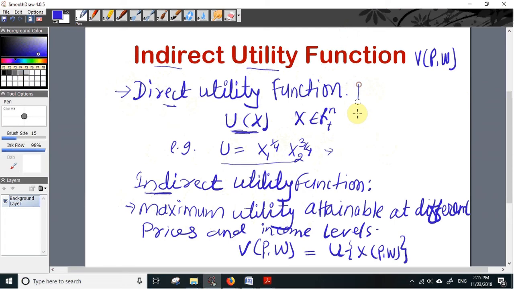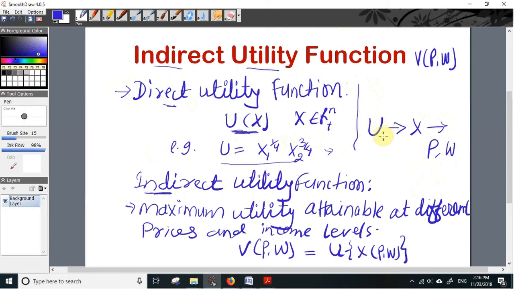For this, we simply have to review that utility depends on the quantity of goods consumed, but the quantity of goods demanded further depends on the prices of the goods and the consumer's total income or wealth.